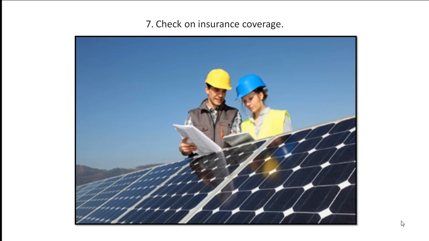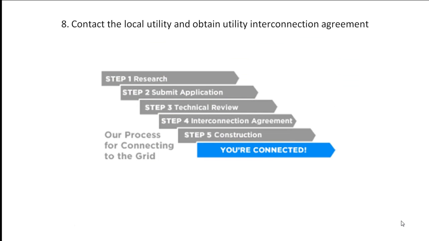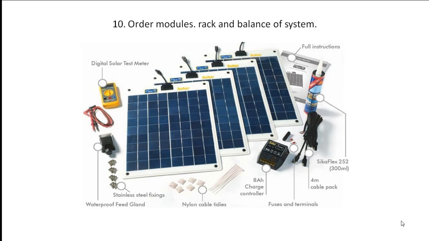Number 7. Check on insurance coverage. Number 8. Contact the local utility and obtain a utility interconnection agreement for a grid connected system. Number 9. Obtain the permit. Number 10.